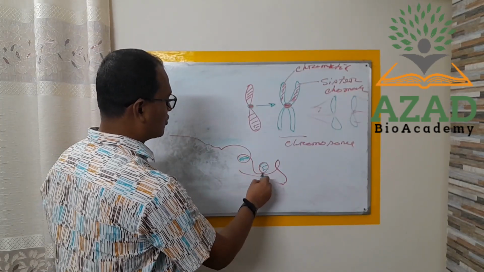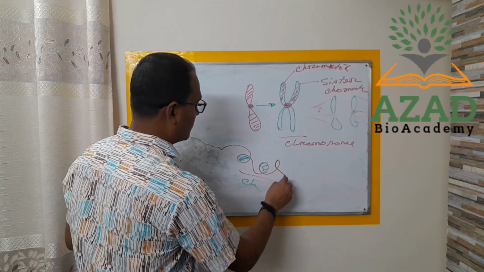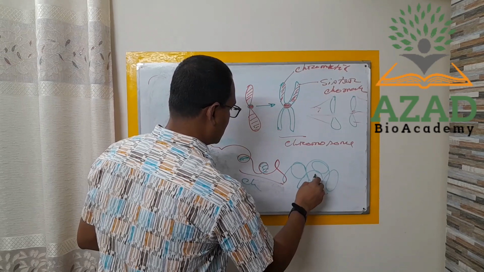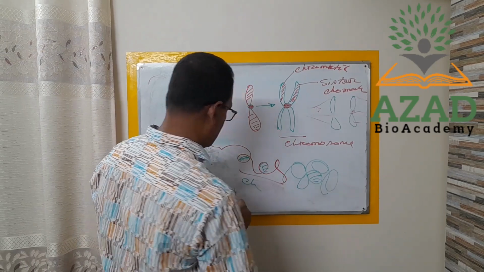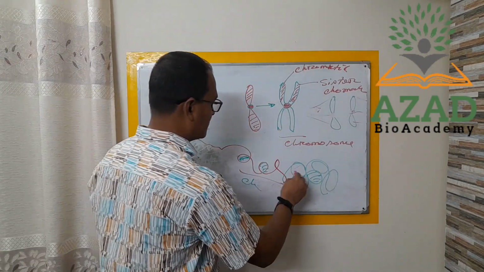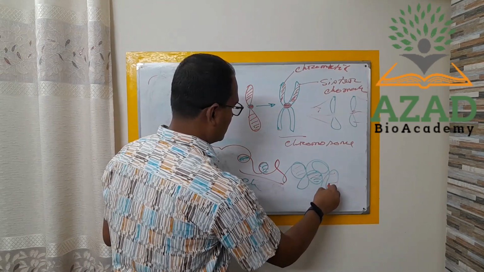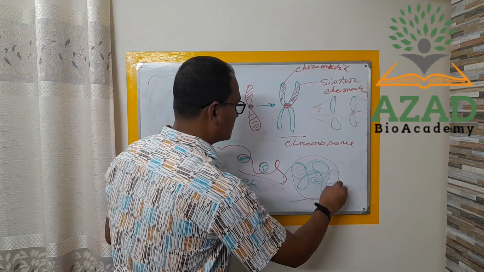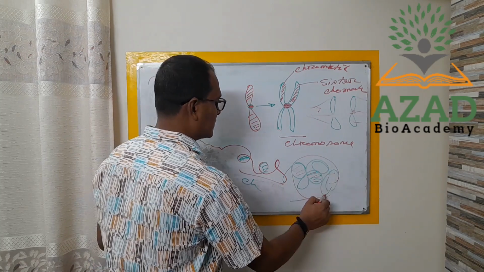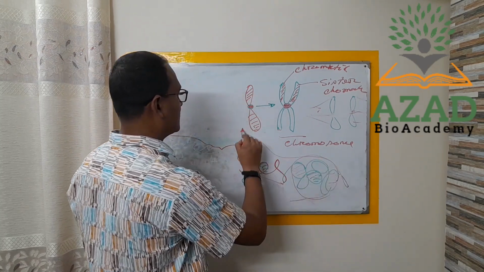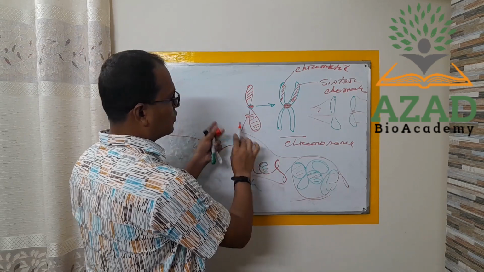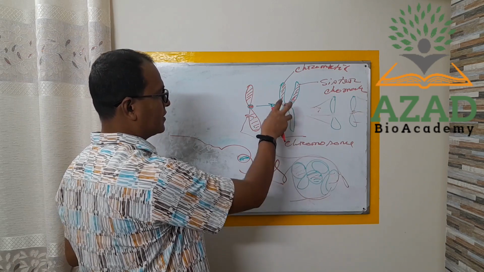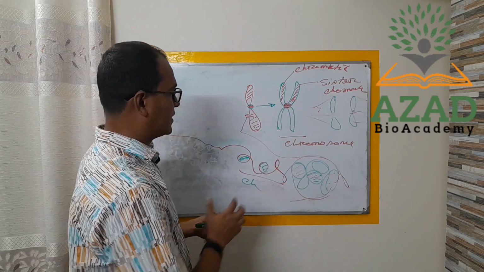So this is the chromatin, and more condensation occurs. This is the condensed form, and then it will form a chromatid, and then the chromatid will be duplicated and form the X-structure like chromosome. So you can say this is a chromosome.